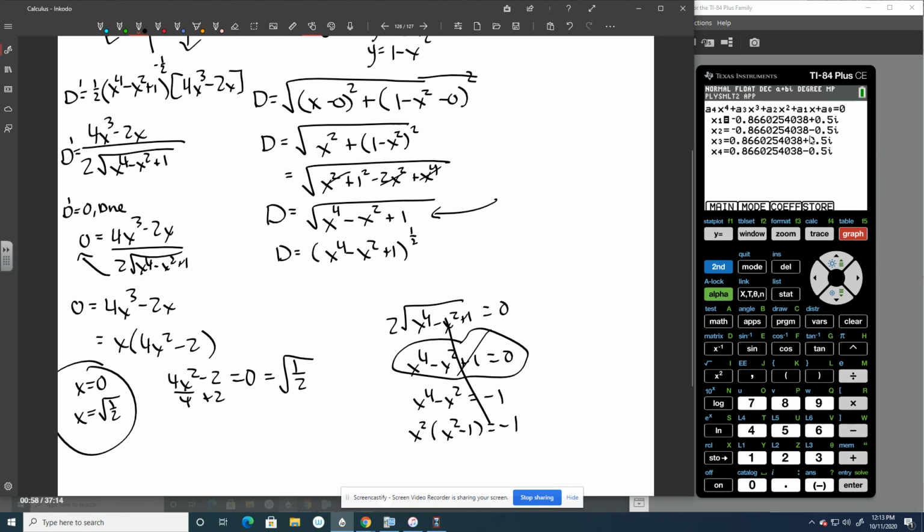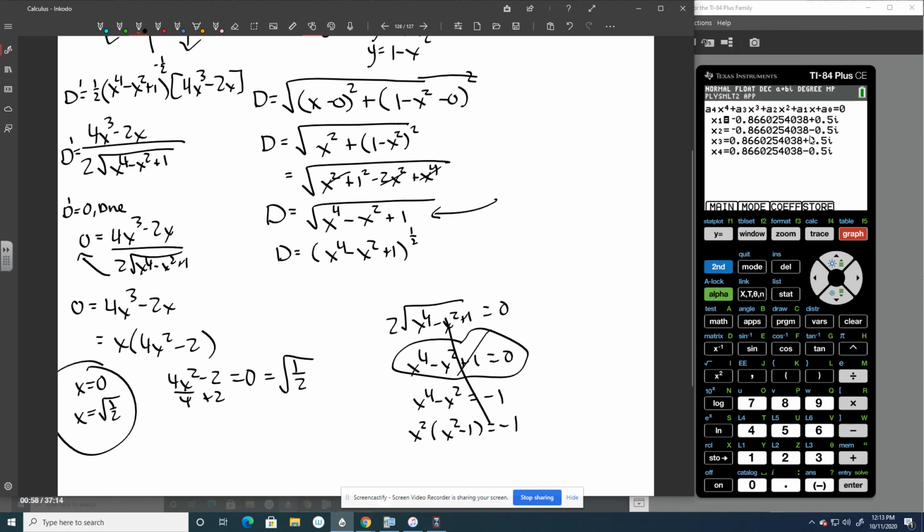I just need to get the smallest number possible on the inside. So I really don't even have to worry about this square root. I could have just minimized the inside of the square root and bypassed all of that checking.